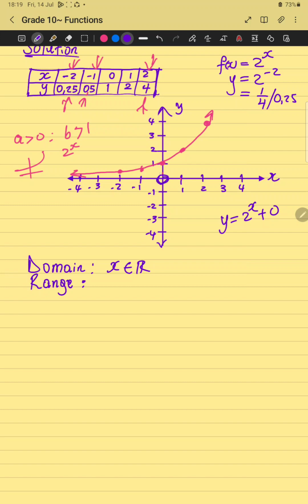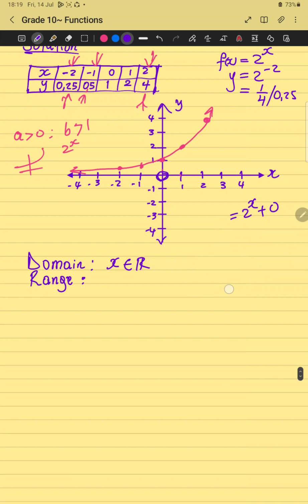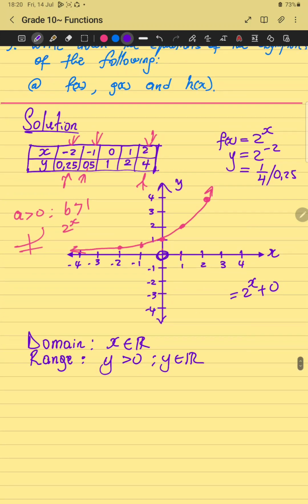If your graph is above the origin, then you say y is greater than 0. But if the graph is below, you say y is less than 0. So the range is y is greater than 0, y is an element of the real numbers. We are done.